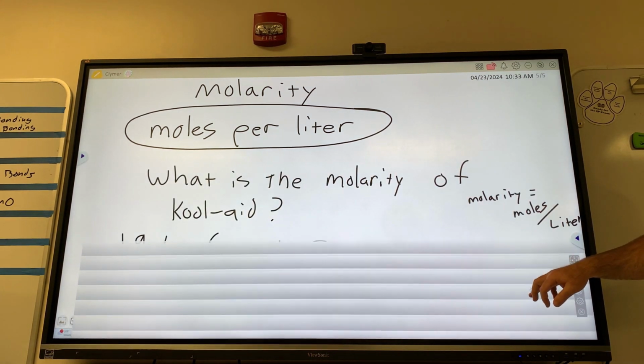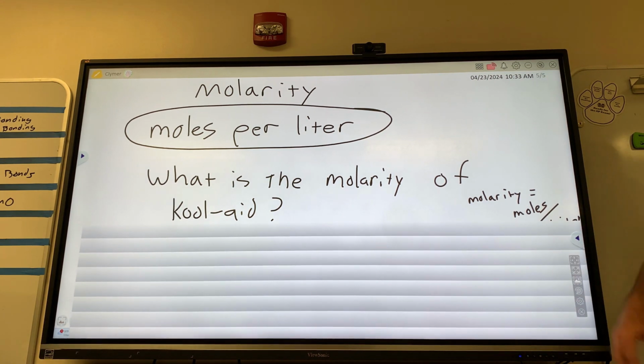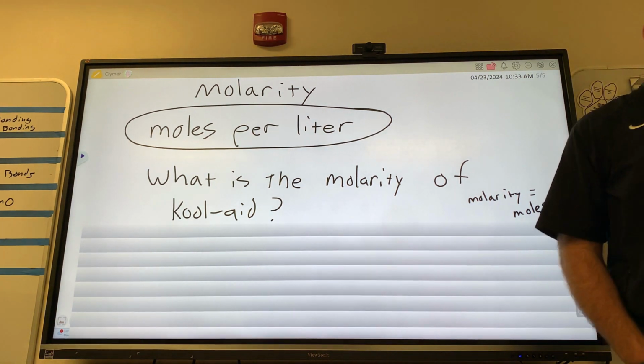Who here knows how to make Kool-Aid? The old-fashioned way. How do we make Kool-Aid? Easy, Henry. All right. Yeah? Okay. Half a bag of sugar. Okay, so I'm almost certain if we were to check the actual printed recipe, half a bag of sugar is not what the recipe would say.